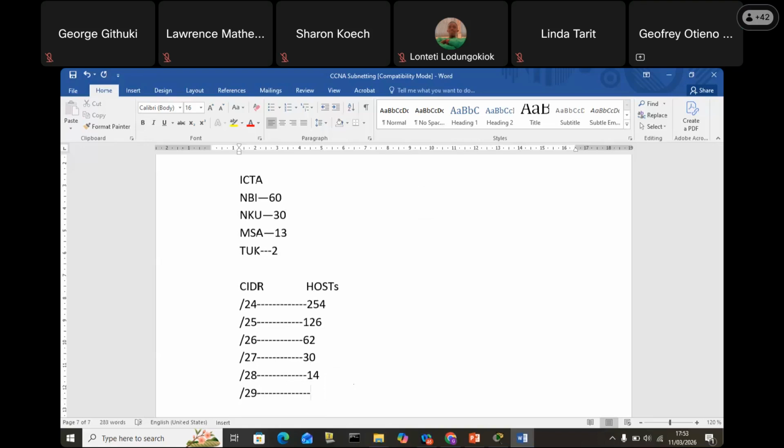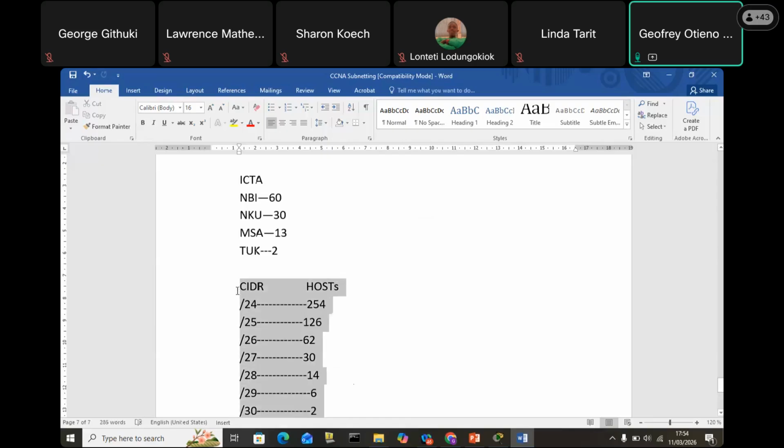Then 30: 2, correct. So basically, this format is a CIDR table that you're supposed to have in place. Now with this in place, you are good to go.